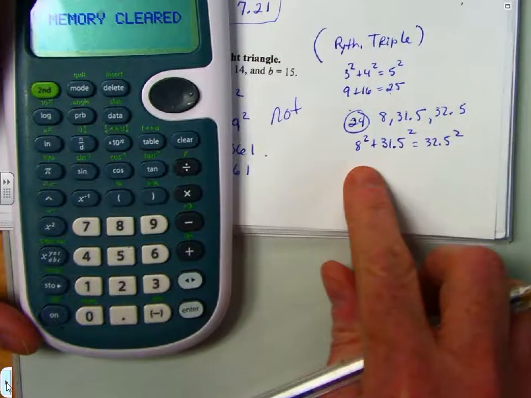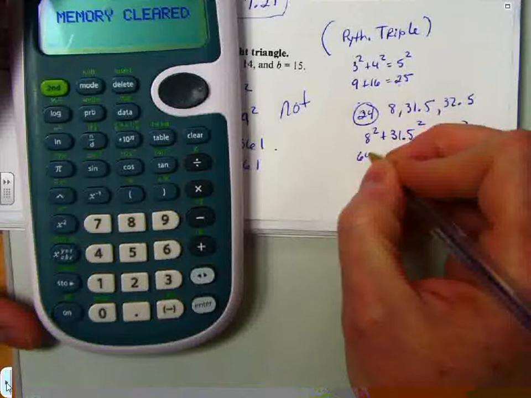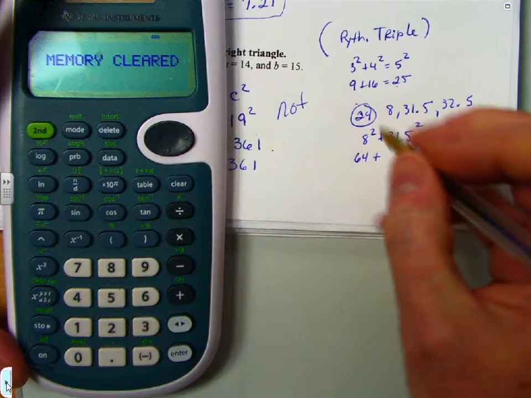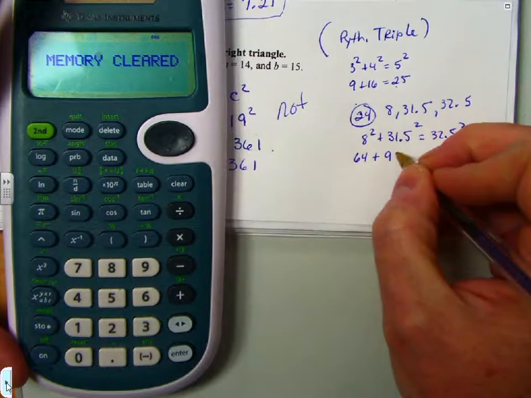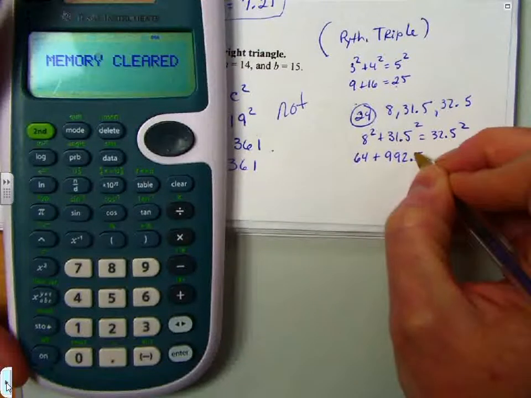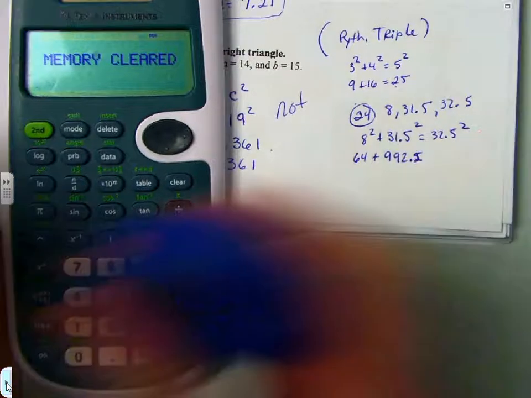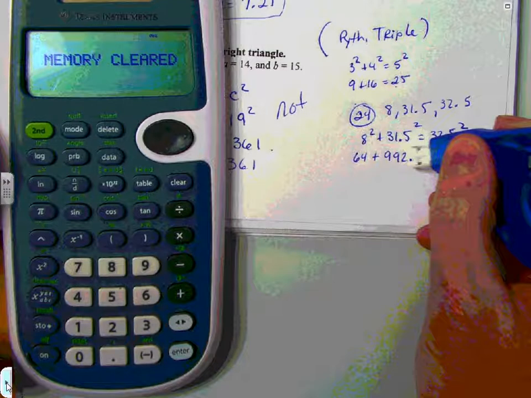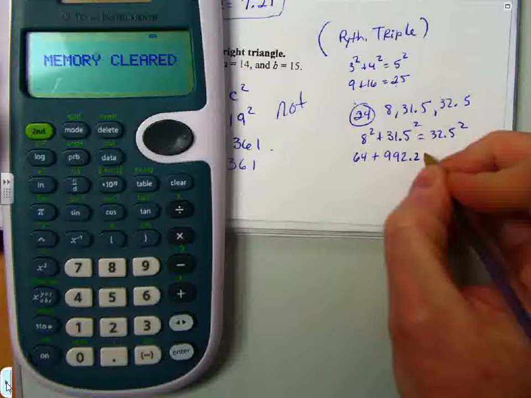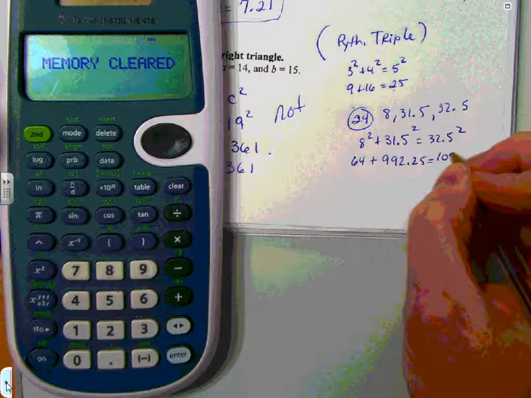So 8 squared, I got that one. Somebody else has to get the others. I got 64. 992 point what? Not 0.5? 0.25. Okay. 992.25. Gotcha. And 32.5 squared is 1056.25.